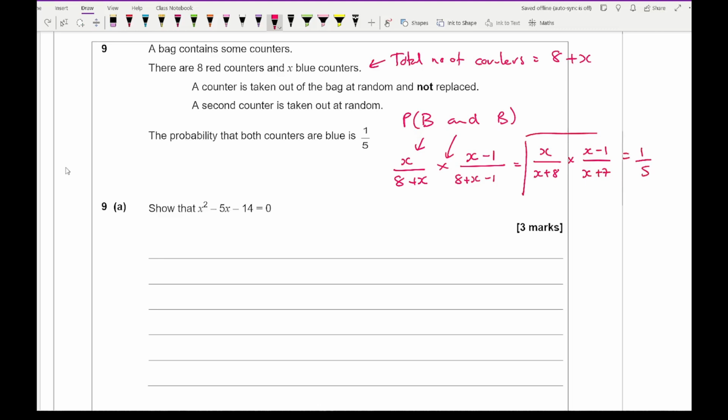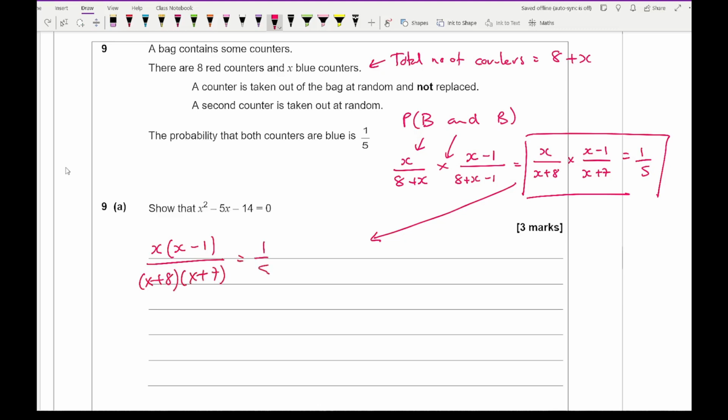So then if I take this and just move it over here so we've got a bit more space, I can do a bit of multiplying. So x times x minus 1 over x plus 8 times x plus 7 equals 1/5. Now if I do a bit of cross multiplying, I get 5x times x minus 1 equals 1 times x plus 8 times x plus 7.